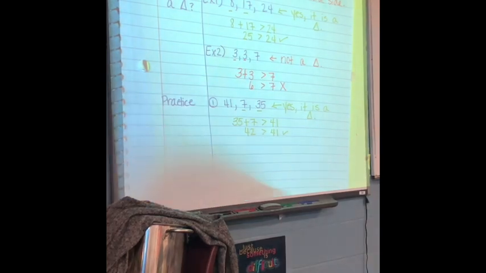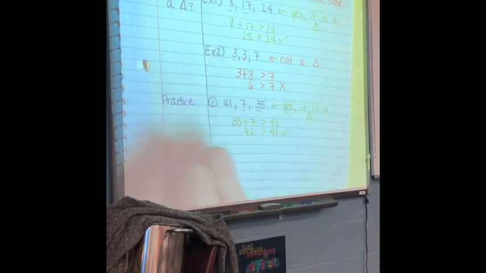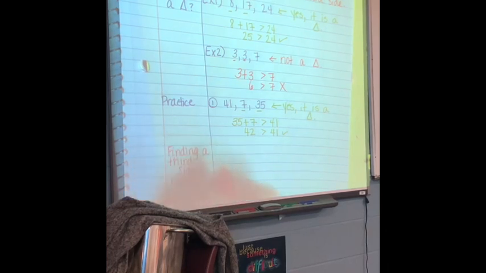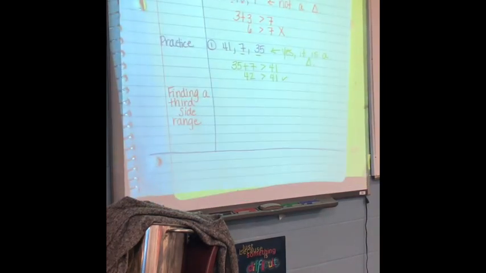All right, so finding a third side range. A third side can be multiple different side lengths based off the other two sides themselves.